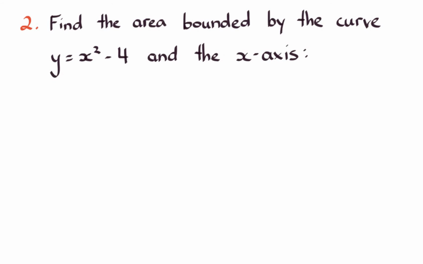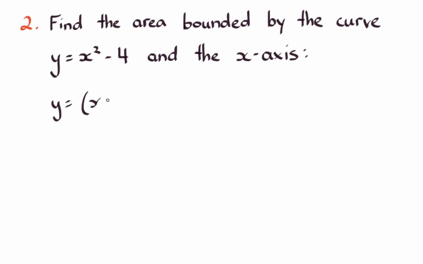Find the area bounded by the curve y equals x squared minus 4 and the x-axis. So we're dealing with another parabola again. And in fact, this is just the standard parabola, y equals x squared, moved down 4 spots. If we wanted to factorize it, we can notice that x squared minus 4 is a difference of 2 squares.